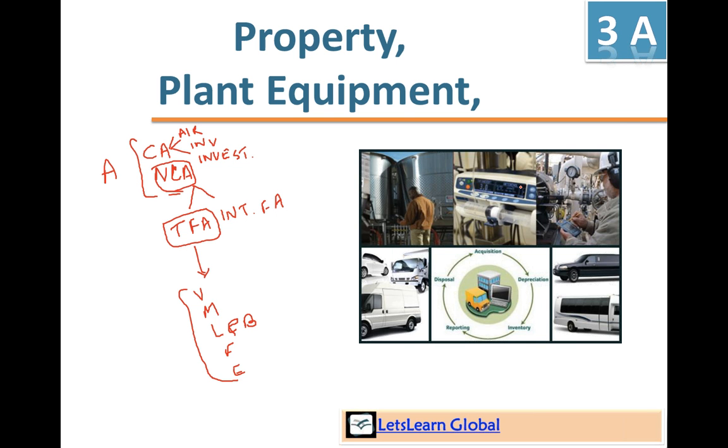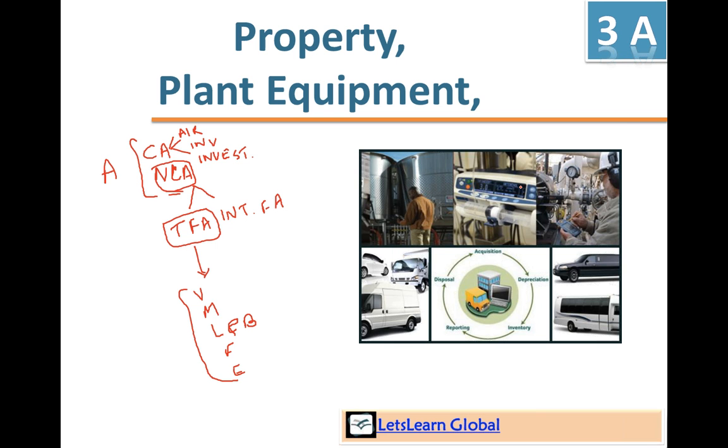Every year you will have a depreciation of 20,000, which is an expense, decreasing your profit and decreasing the asset value as well. But the asset value on your balance sheet should still remain 100,000. Next year, you will show 20,000 as depreciation. Last year's 20,000, this year's 20,000, accumulated depreciation of 40,000, it will decrease from the asset value of 100,000.